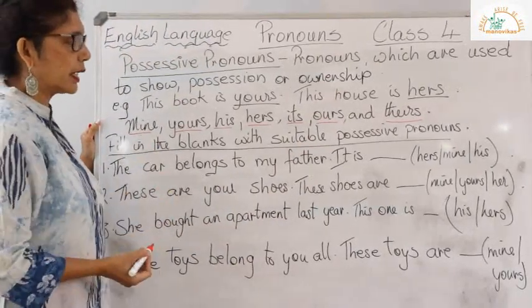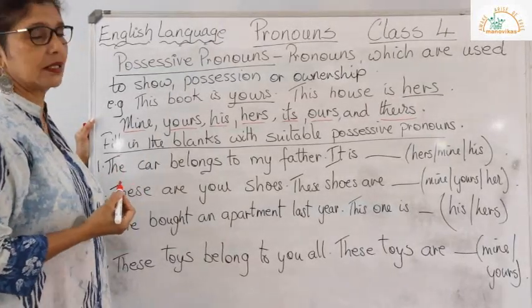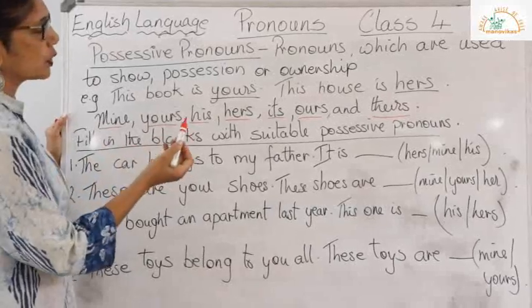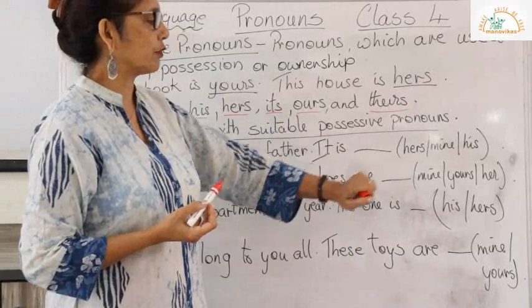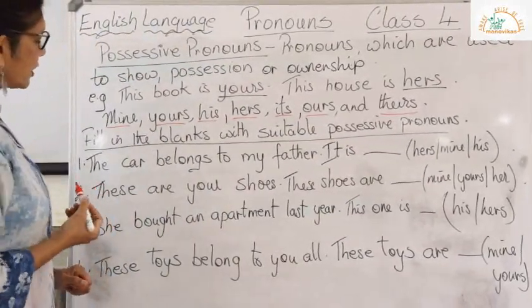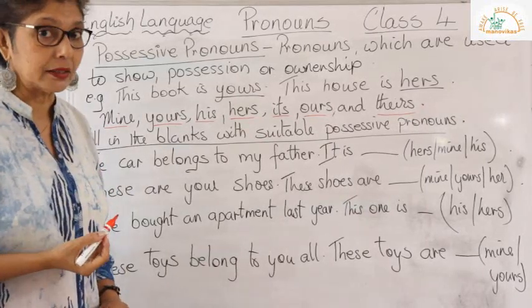Now let us do a short exercise to help us understand possessive pronouns better. Fill in the blanks with suitable possessive pronouns. They have given you a choice of two or three, so we have to choose the correct one. The first one. The car belongs to my father.